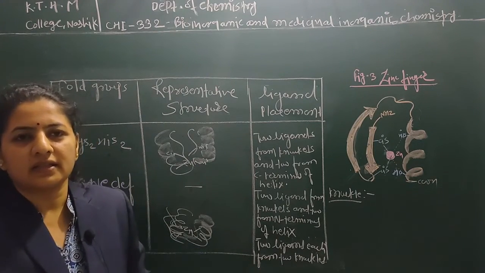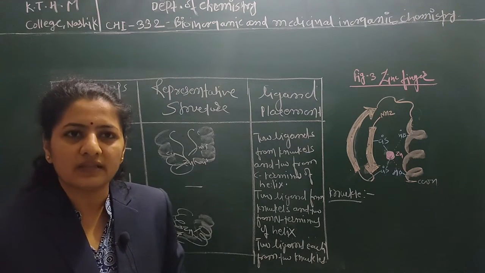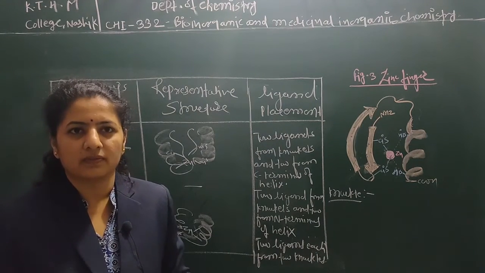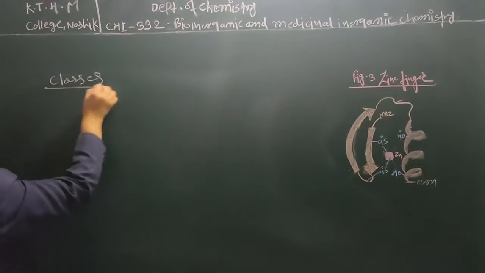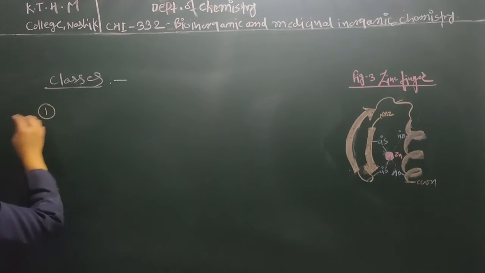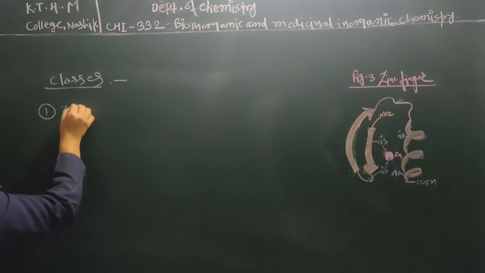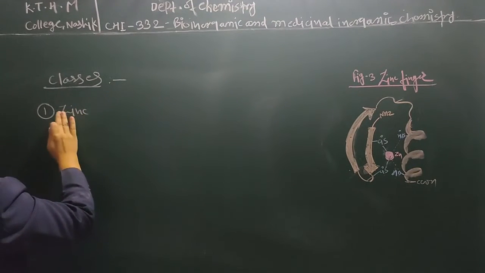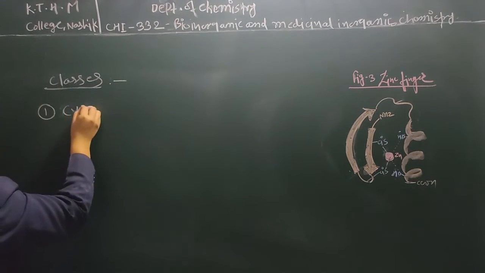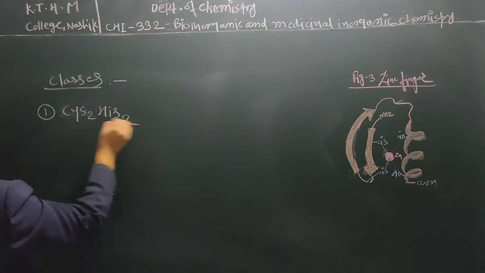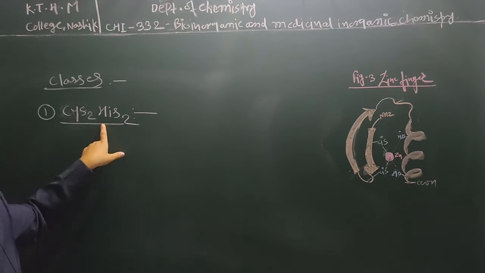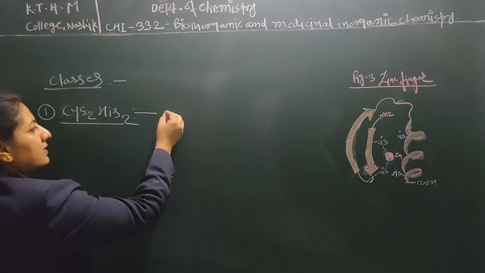Now let's discuss in detail the structure of these folding group classes. First we are going to discuss the zinc finger or the cysteine 2 and histidine 2 residues. The first class of cysteine 2 histidine 2 residue is also known as a zinc finger.